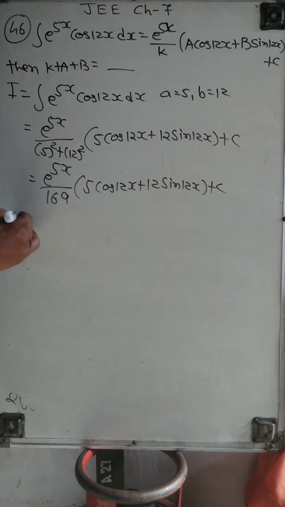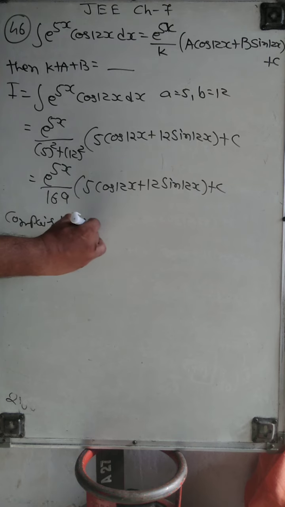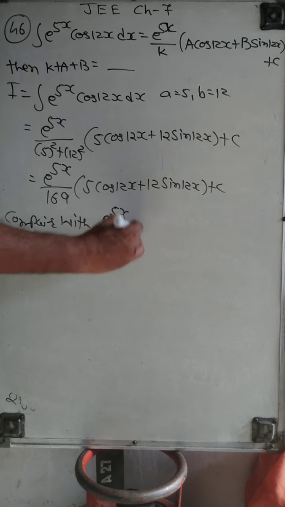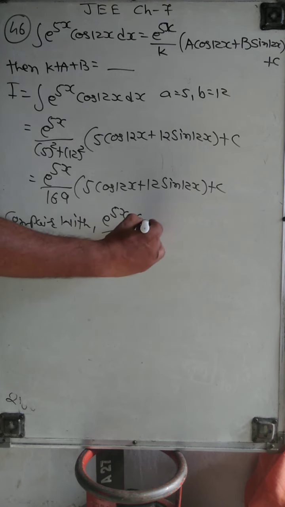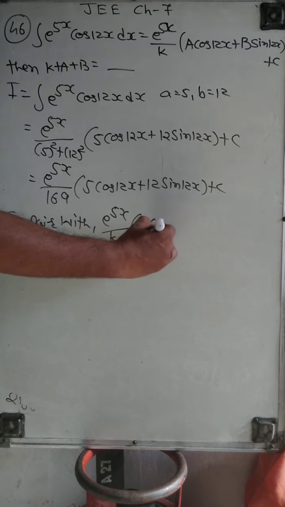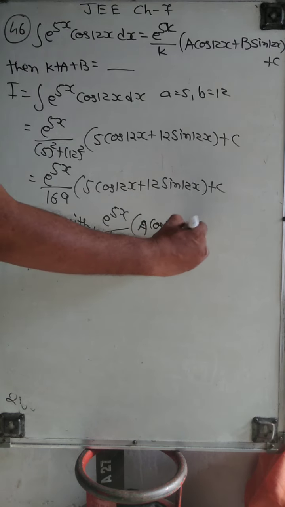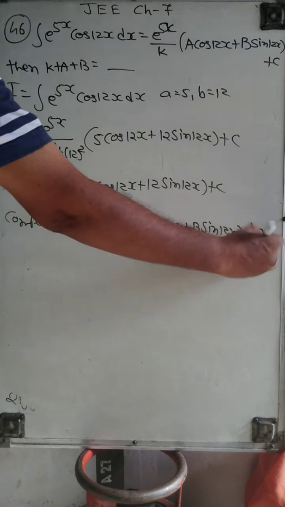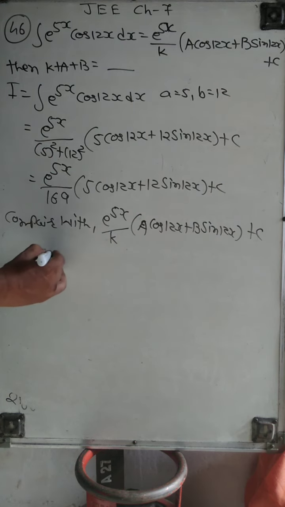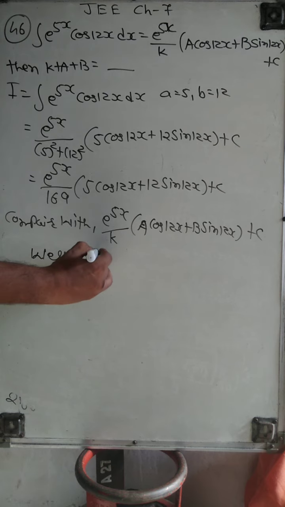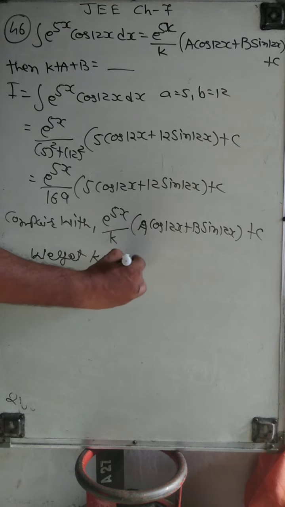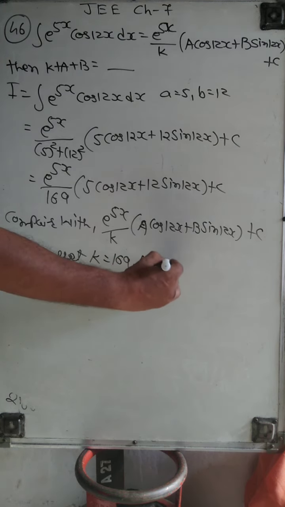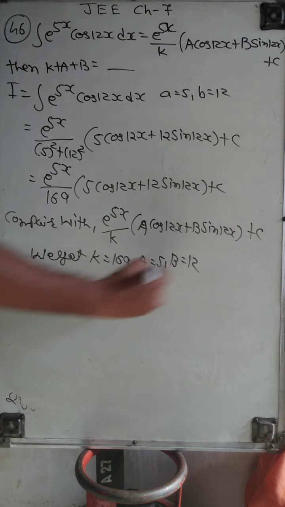Now here compare with e^5x/k (a cos 12x + b sin 12x) plus c. We get k equal to 169, a equal to 5 and b equal to 12.